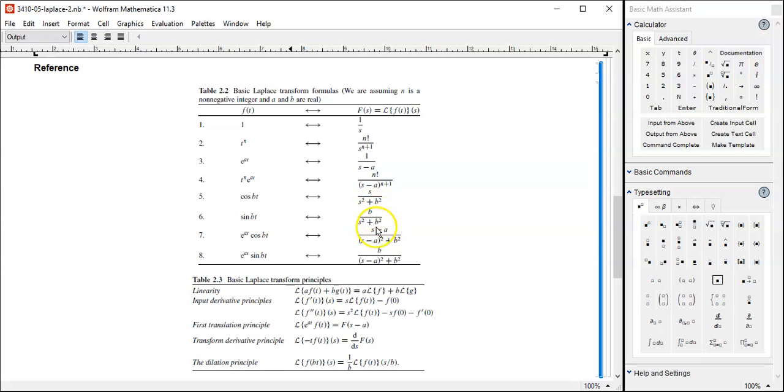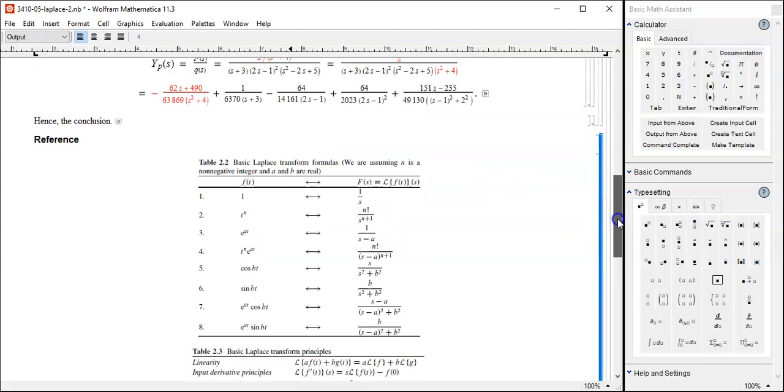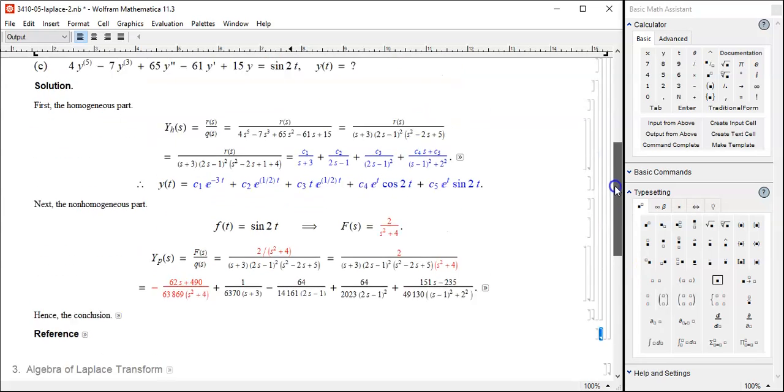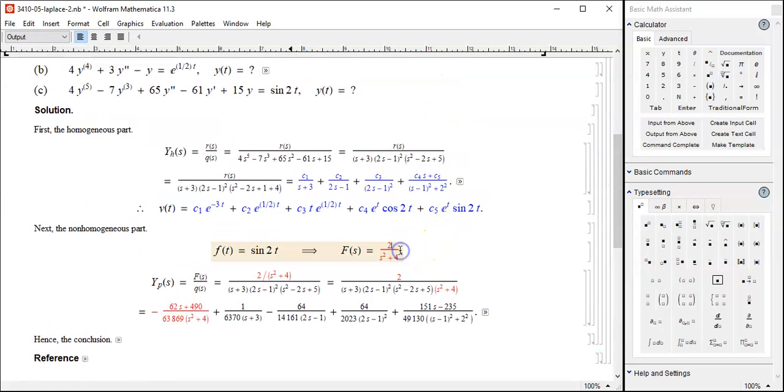Here, this formula here. Okay, and then take F over Q and simplify. What did you get? We gained this new factor here.